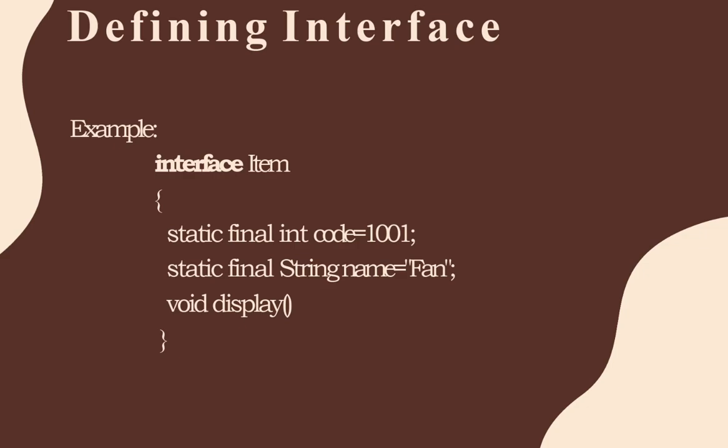Then in the next statement you have another variable, static final String name equal to fan, and since it is a string, it is enclosed within double quotes. And in the final statement you have a method, void display. After this, the example is over. So this is how you define a simple basic interface.